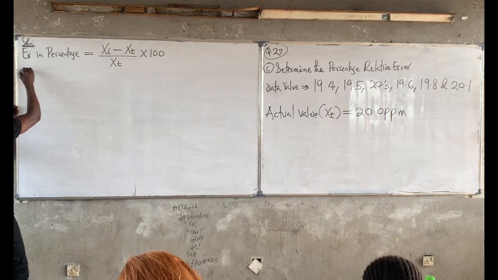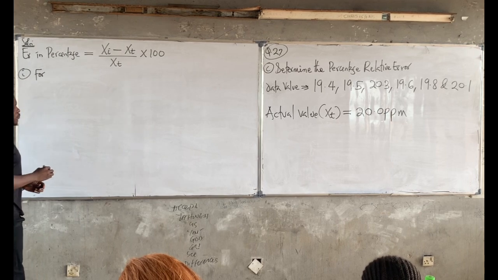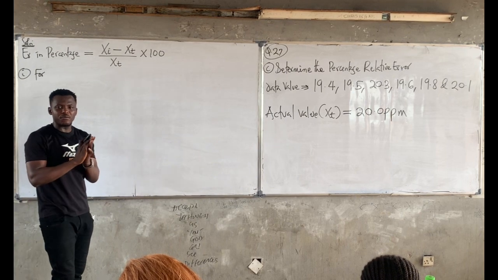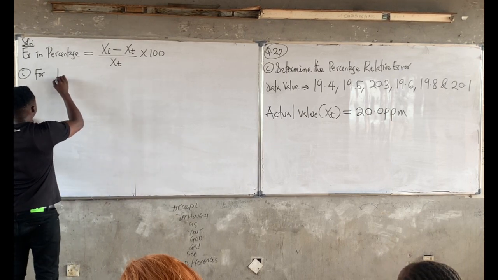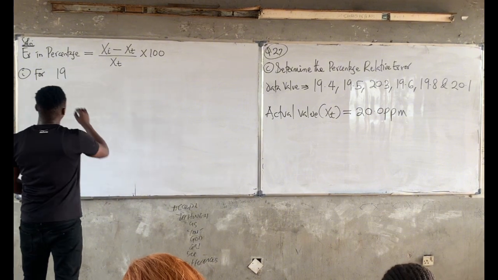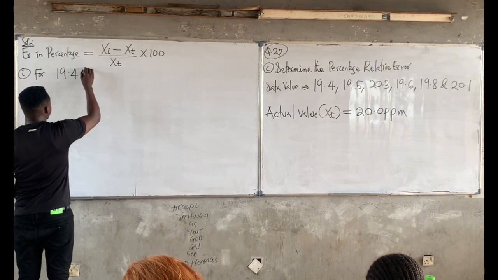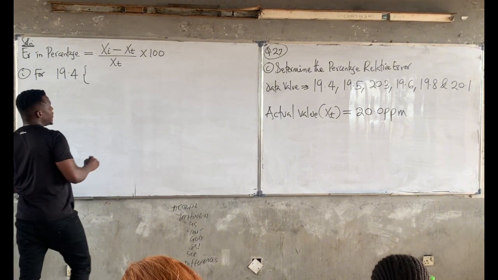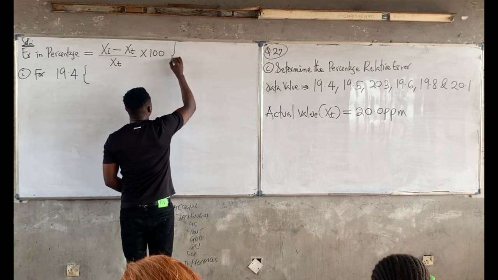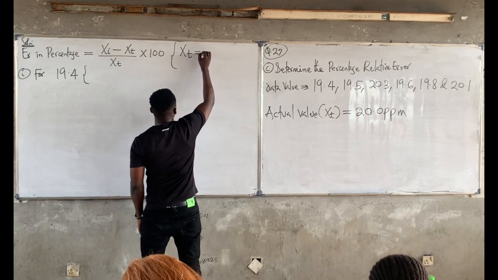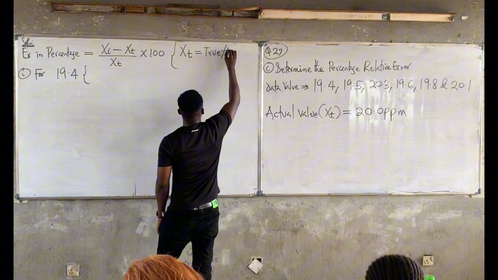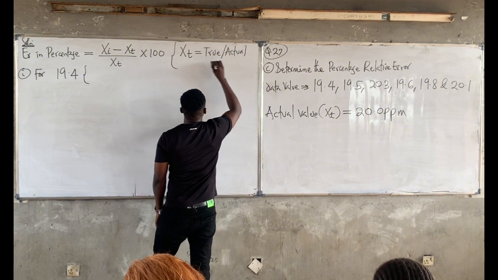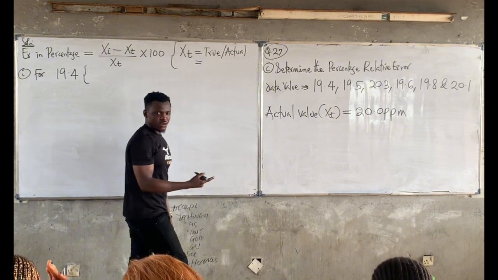I'll say i for the first value. Remember, we're going to solve this for one value at a time, for 19.4, the first parameter. Remember, xt, which is the true or actual value, is going to be constant all throughout the calculation.